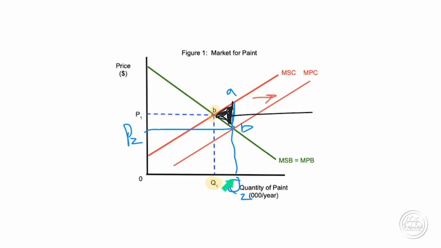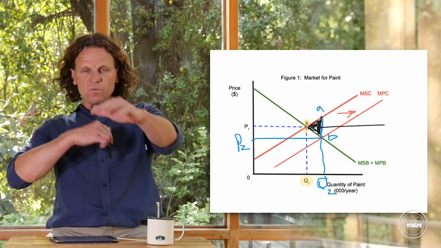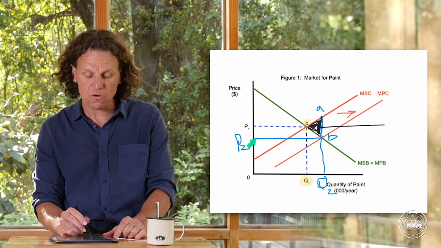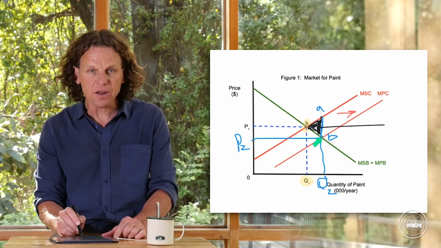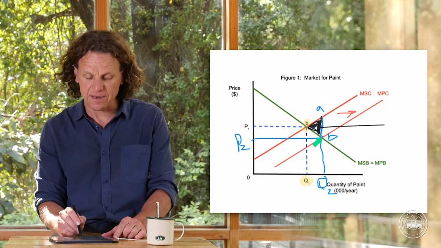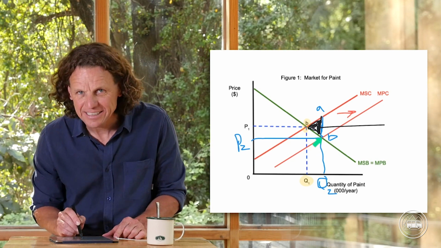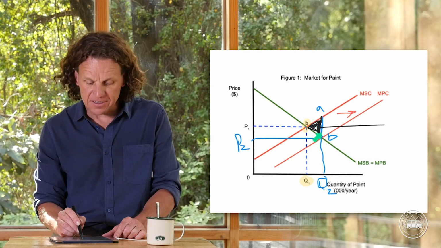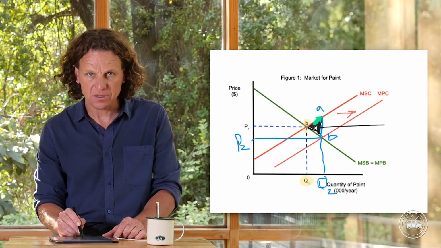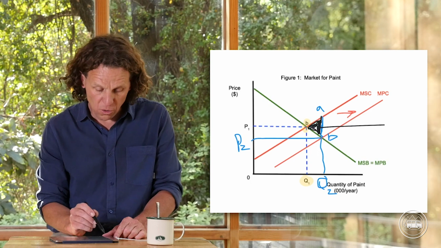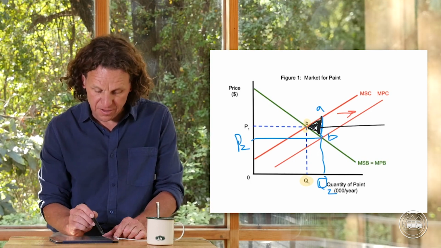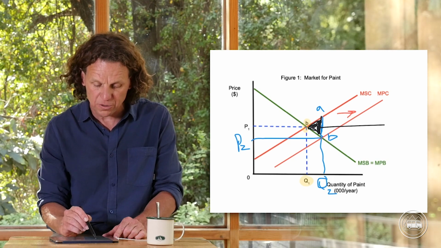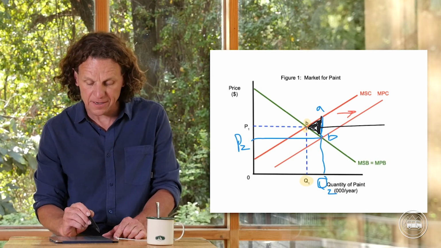So, think of it this way. The price of the paint that you paid for in the hardware store is P2, and that only covers the cost of the production of the paint. It does not take into account the cost of the damage done to the respiratory systems of people. So this paint should actually be sold for P3, right?